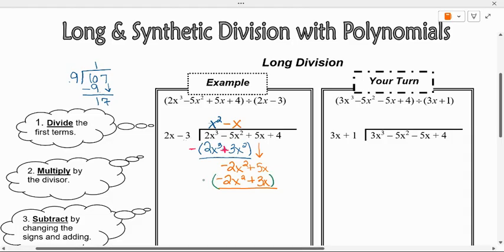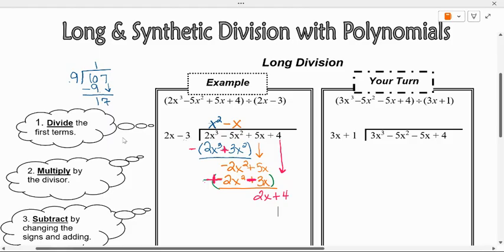So a negative times a negative makes this a positive. And a negative times a positive makes this a negative. Okay, so negative 2x squared plus 2x squared, those cancel out. A positive 5x minus 3x is 2x, and I'm going to bring down my positive 4.